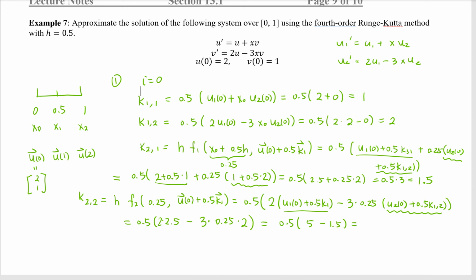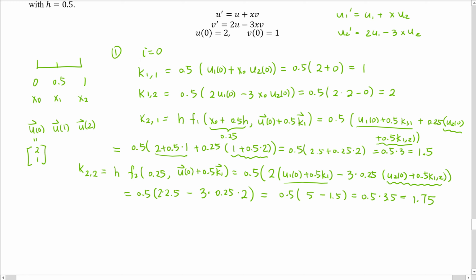Oh, 5 minus 1.5 is 3.5. 3.5 times 0.5 is 1.75. Great. If you want to use a calculator for that, feel free to use a calculator. Okay? Yes. Sometimes I just feel like the number, if it's not so complicated, maybe calculating is faster than typing it in the calculator. Okay.